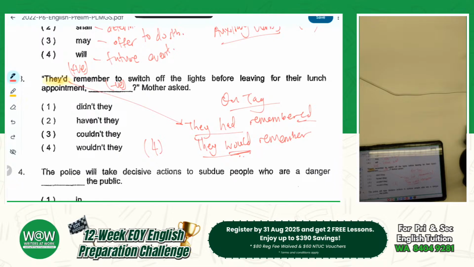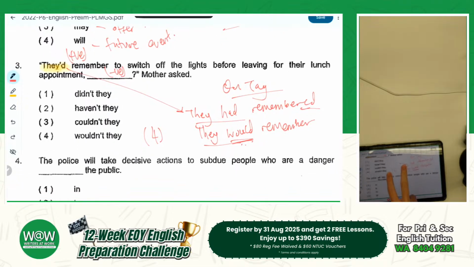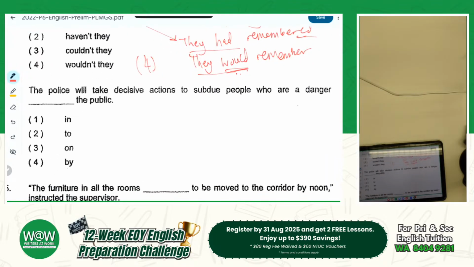Now, moving on, look at number 4. The police will take decisive actions to subdue people who are a danger dash the public. Okay, so this question here is testing you on prepositions. Maybe I didn't explain earlier, but prepositions are used to show the relationship between things, the location or the position of things as well.